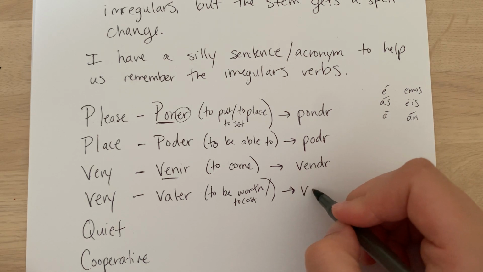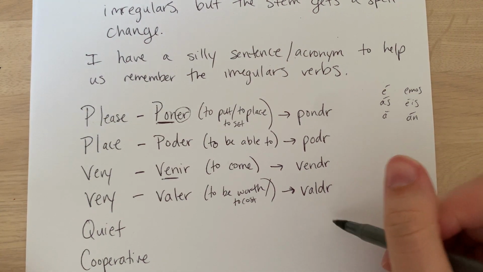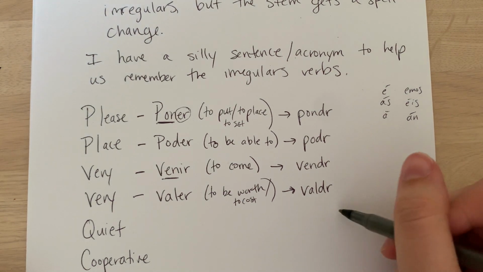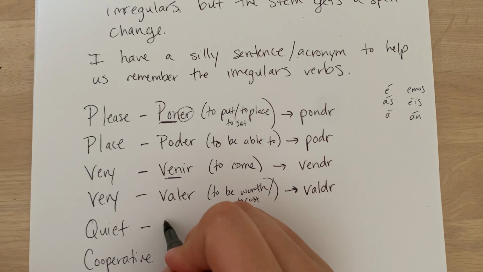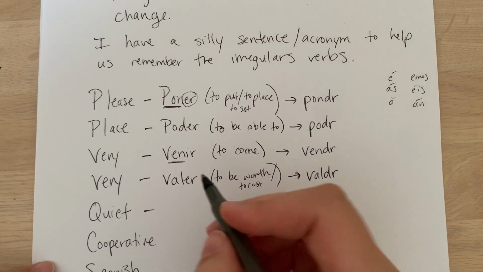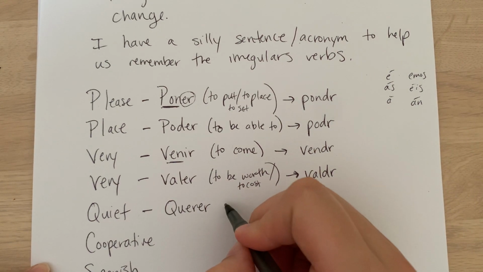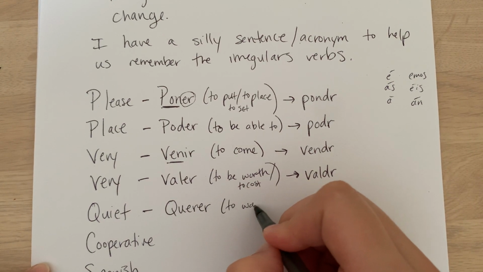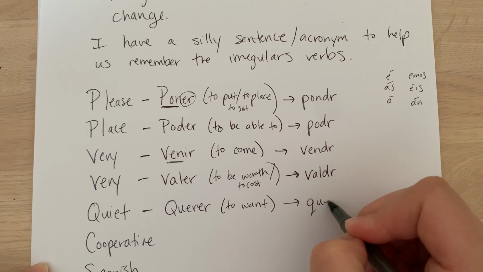The stem goes to valdr. There's an expression in Spanish, valer la pena, valdrá la pena, it will be worth it. Okay, Q. Can you think of what verb this might be? What verbs do you know that starts with a Q? This one is querer. It's to want. Okay, and this stem goes to querr.